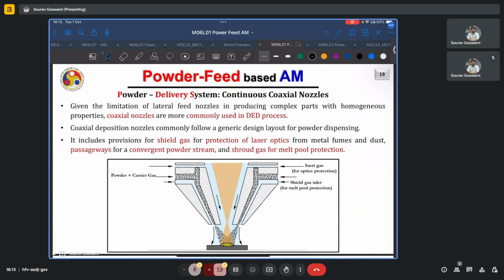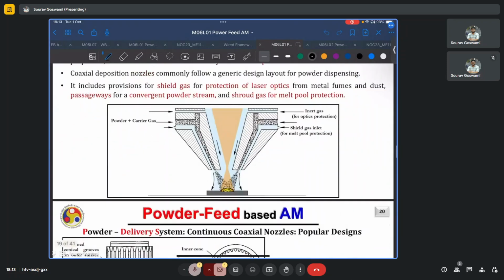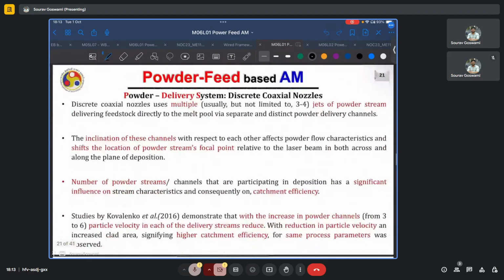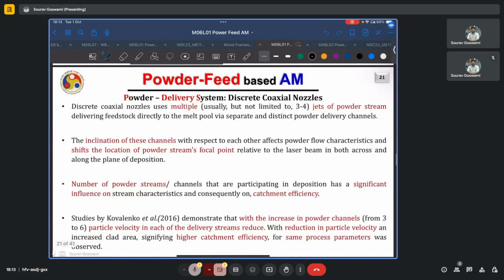Either the energy source is coming from the center and the powder from the sides, or the powder is coming from the center and energy from the sides, or that powder energy stream is discretized into two or three different channels, or it is one continuous coaxial source of feeding. All of these things affect the deposition characteristics. Today we'll continue discussing such things, and also talk about some simplified modeling for the powder-based additive manufacturing process. So let us start.